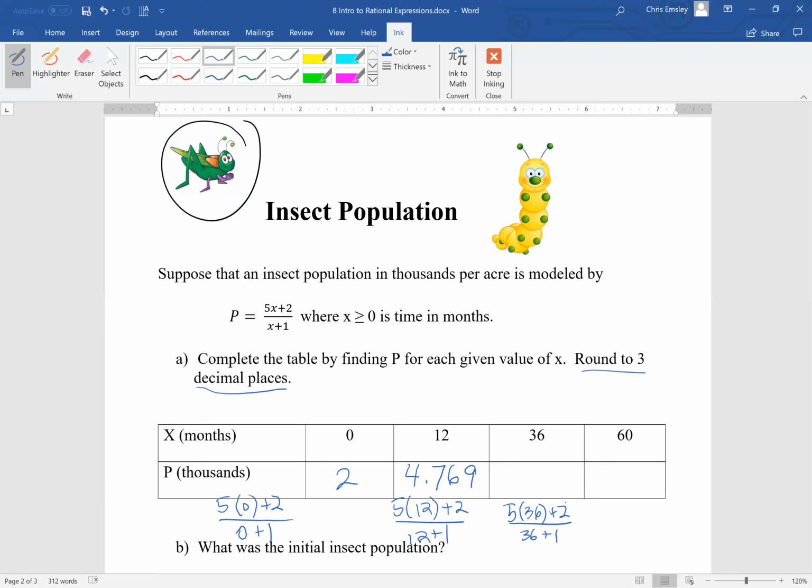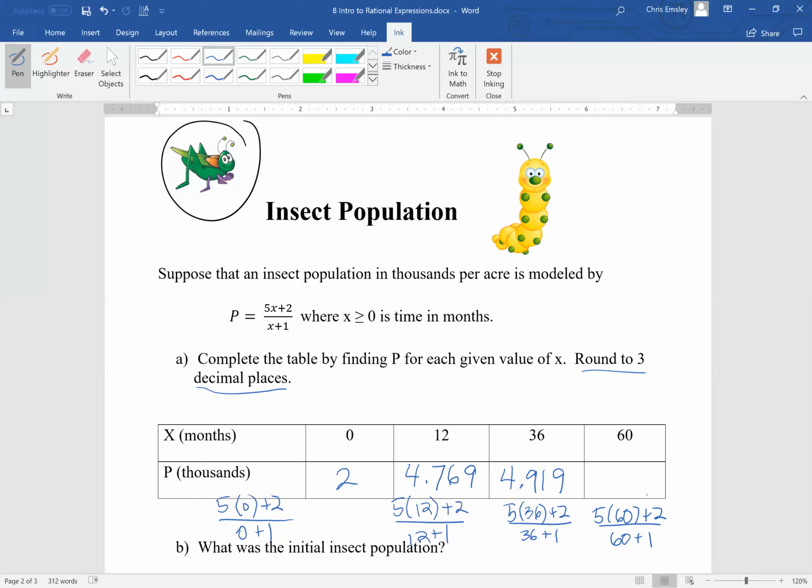And there we get 4.919. I'm going to round that last digit because it asks us to round to 3 decimal places. And finally, we'll plug in 60. Oh, let me clear it out.